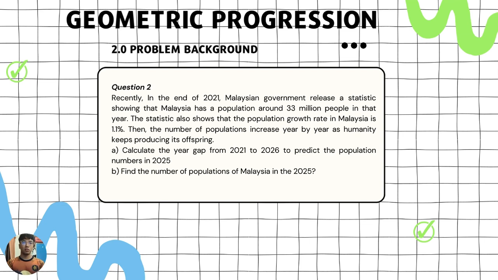The statistic also shows that the population growth rate in Malaysia is 1.1%. Lastly, we need to find the population of Malaysia in the year 2025.